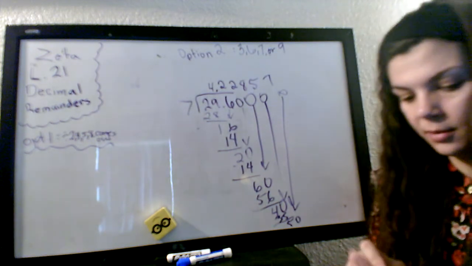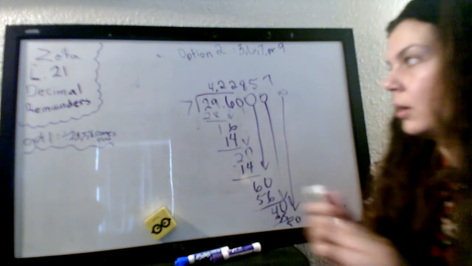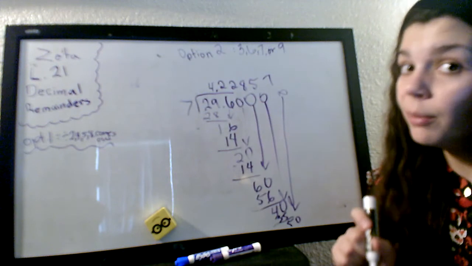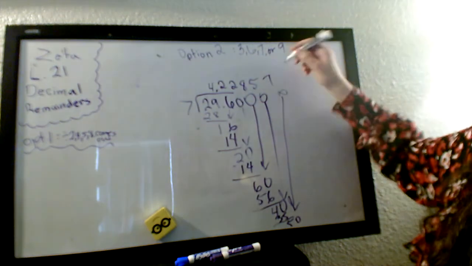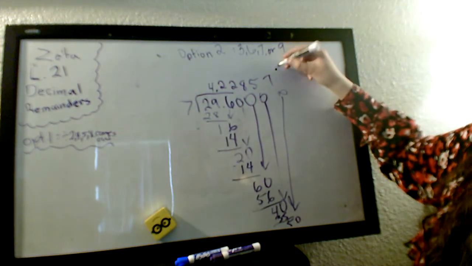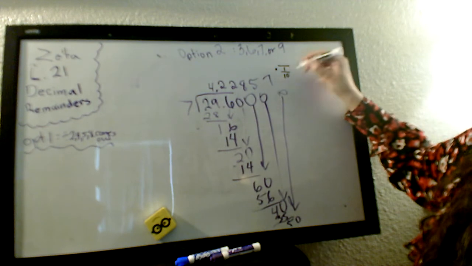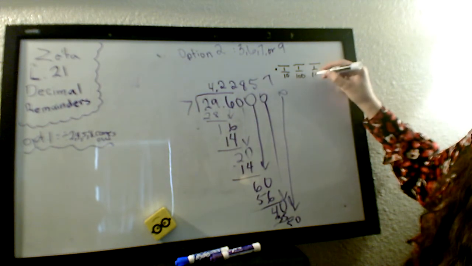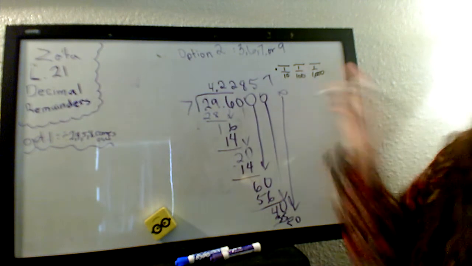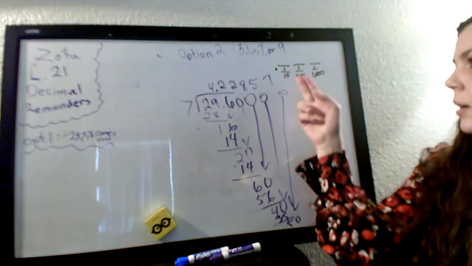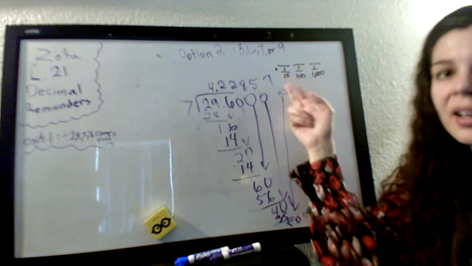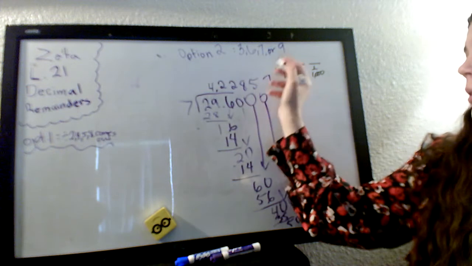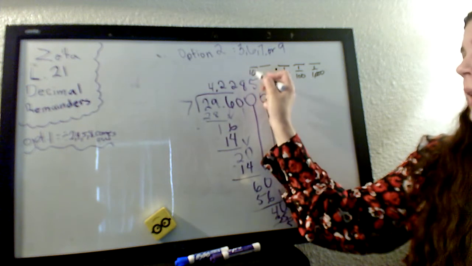All right. We would look here, and if anybody remembers from our previous lessons, we would have our point, and then this was a tenth, a hundredth, and a thousandth. So anything 1/10, not the tens place. This is the tens place.